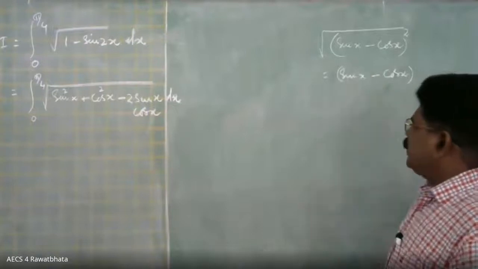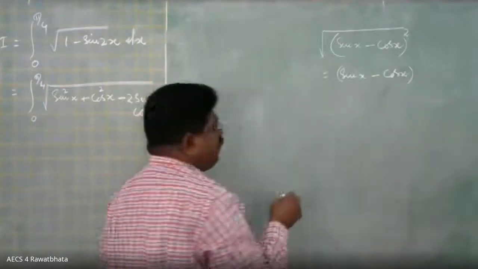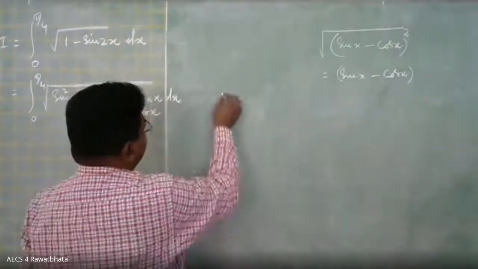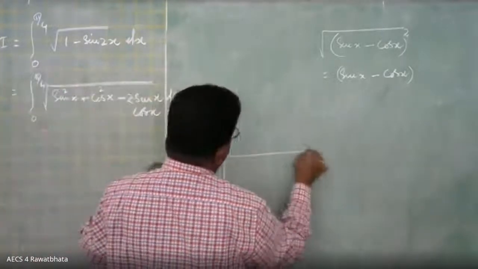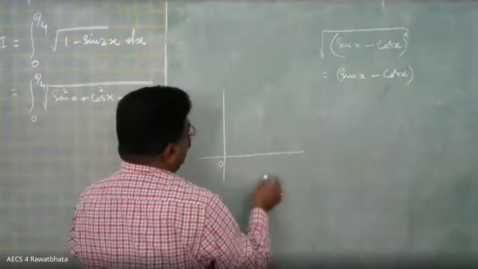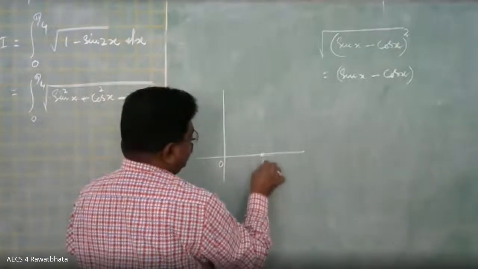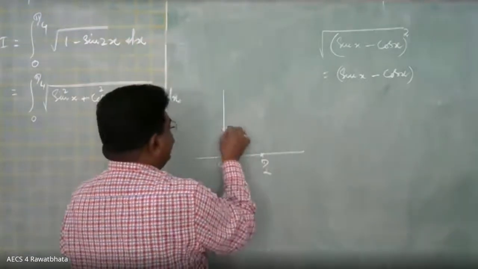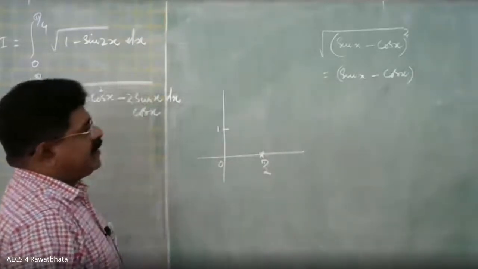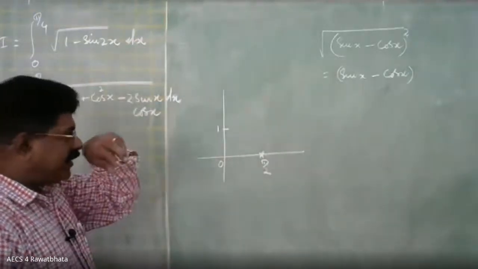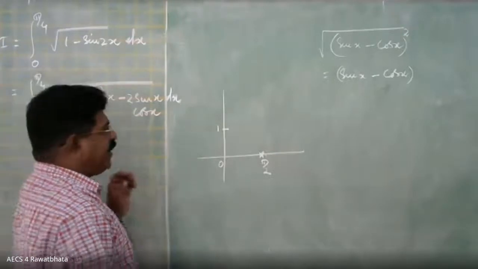Okay. So now let us think about the graph. Here our limit is 0 to pi by 4. So here is 0. Let us take pi by 2 here, and here 1. First you can take the graph of cos x.